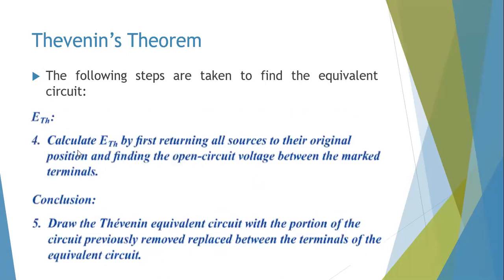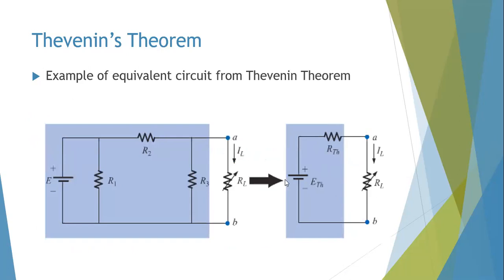The final fifth step is simply to draw your Thevenin equivalent circuit, which would be this one now. At this point you put back your RL, then you put your ETH, and then you put your RTH, and then you have your Thevenin equivalent circuit. You simplify your circuit analysis considerably.